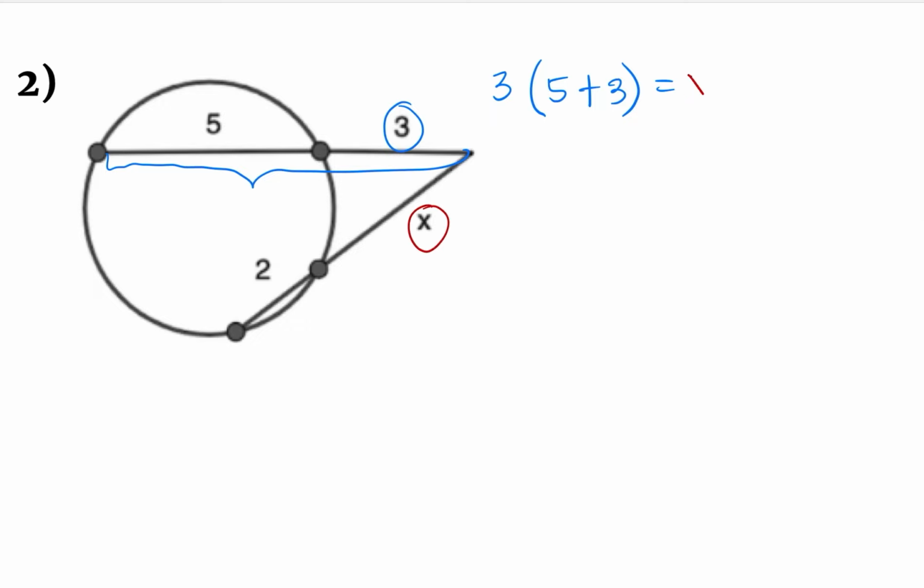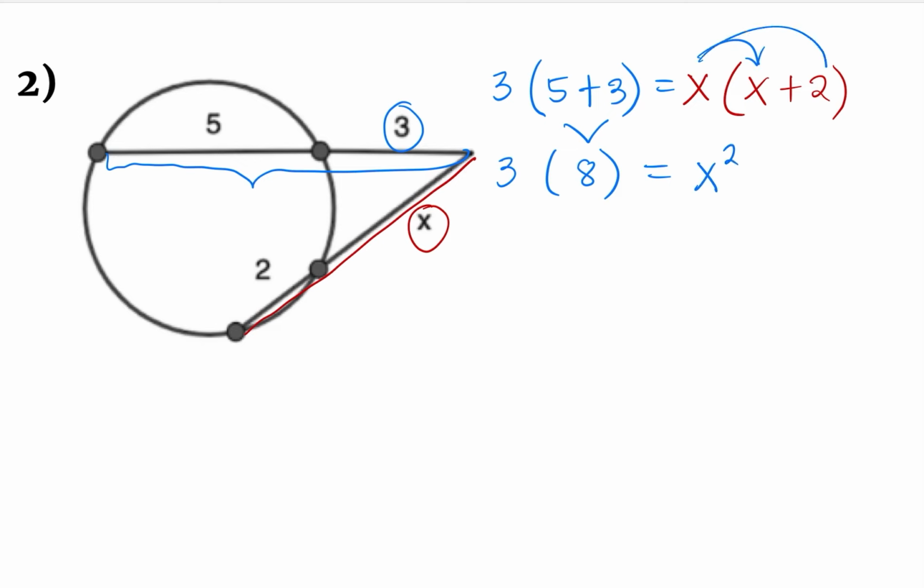X on the outside of this line, and then we are going to add x plus 2. Let's simplify. 3 times 8 equals, distribute the x, so that would be x squared, and then plus 2x. 8 times 3 is 24 equals, drop x squared plus 2x.